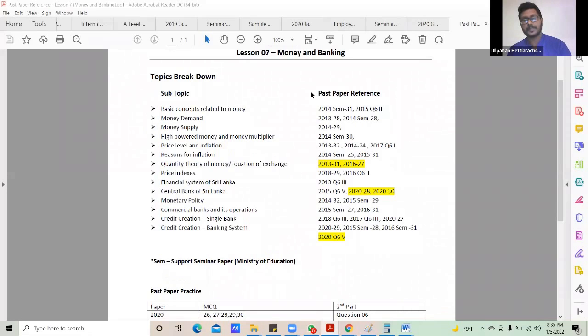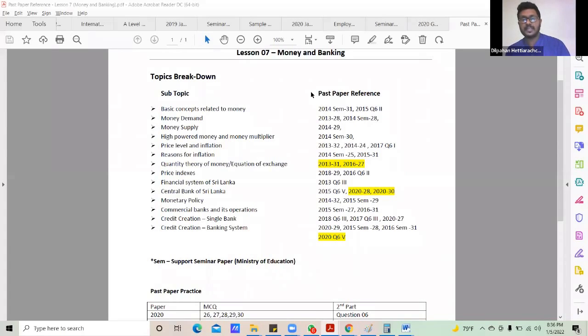So today, as I sent you a message in the group, my plan is to do some questions and do some revision on credit creation calculations. And if time permits, we can go to lesson number 8, public economics, and do the externality discussion, right?